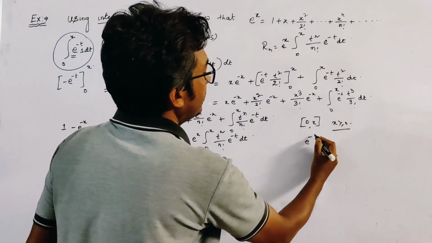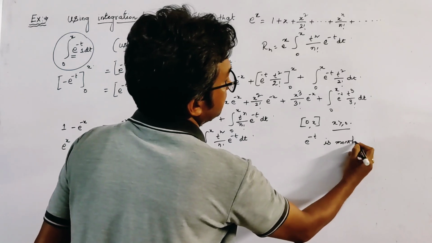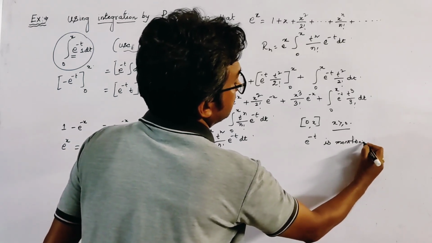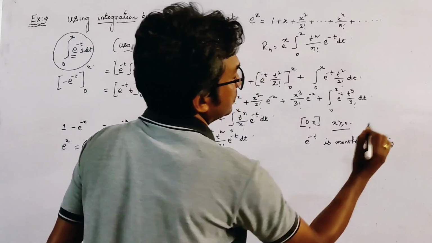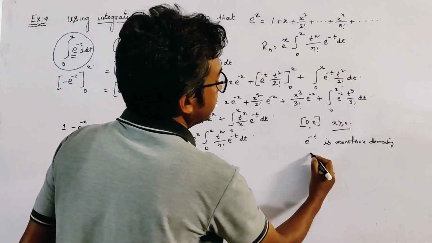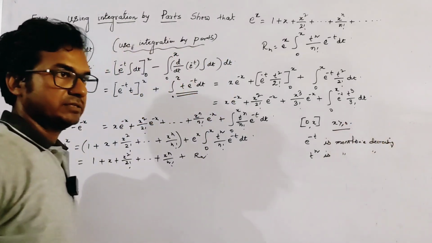So e to the power minus t is monotonic decreasing, and t to the power n is monotonic increasing.